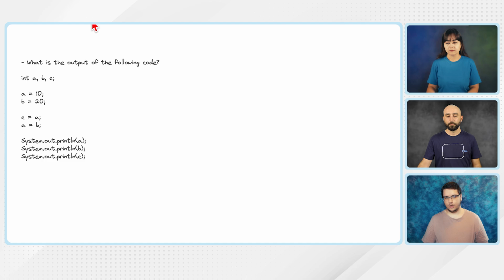And then as the next step, it is assigning some values to A and B. So it is assigning A with 10 and B with 20. And then later, it says that C is equal to A and A is equal to B. So it is taking A and assigning it inside C, and it is taking B and assigning it inside A after the first one is done.